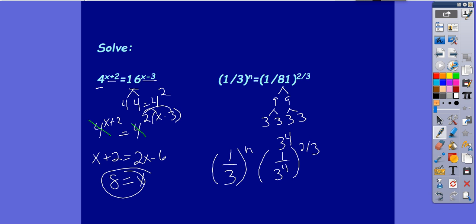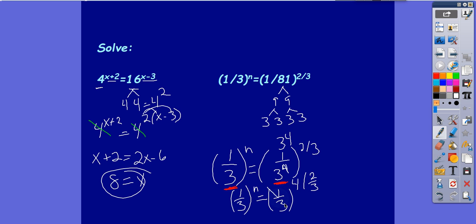Now, what do I do with that 4th? The question becomes, do I need to keep it as a positive 4, or do I need to make it a negative 4? That all has to do with where the 3 is supposed to be. The 3 is still in the denominator, so it's just a regular 4. So this is (1/3)^n equals (1/3)^(4 times 2/3).